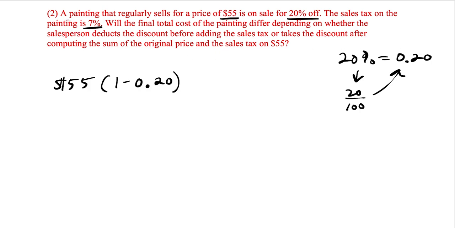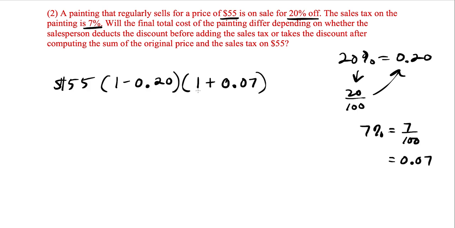But then when we do a sales tax of 7%, that's 1 plus 7 over 100, and 7 over 100 is 0.07. So we're multiplying by 1 plus 0.07. This is the first method. This is going to work out to 55 times 0.80 times 1.07. This is us doing the discount then the tax.